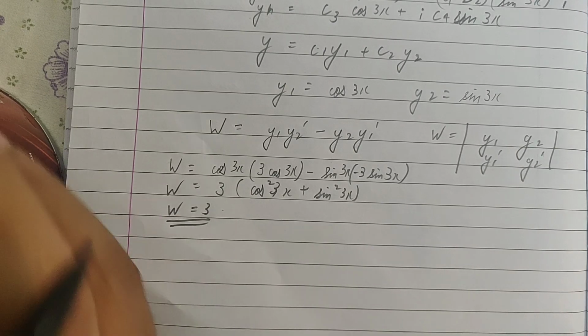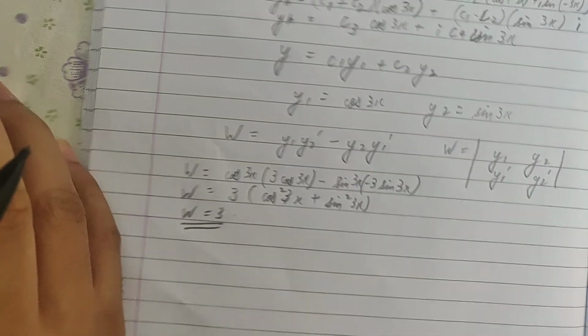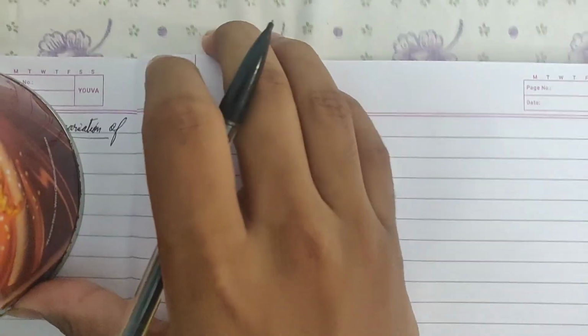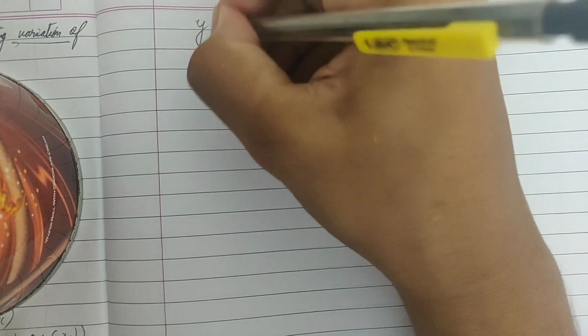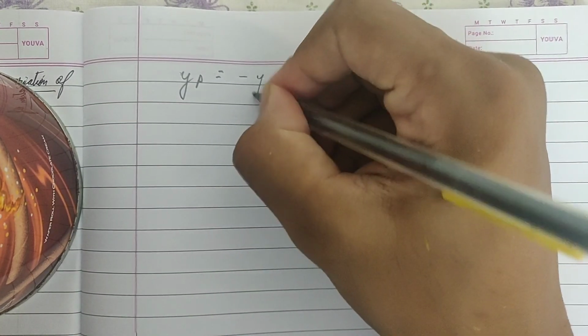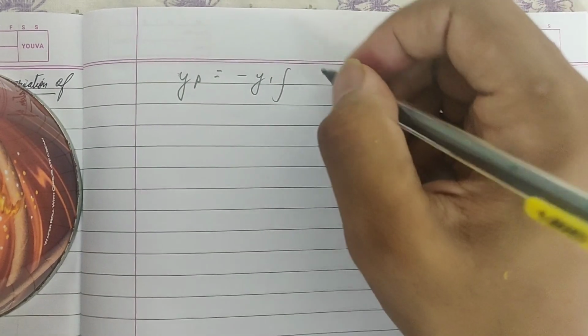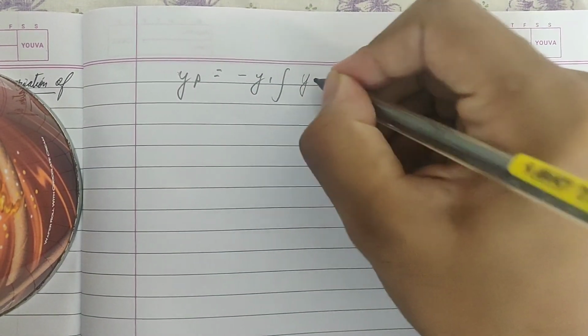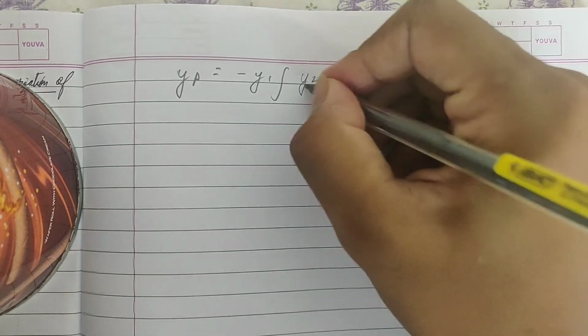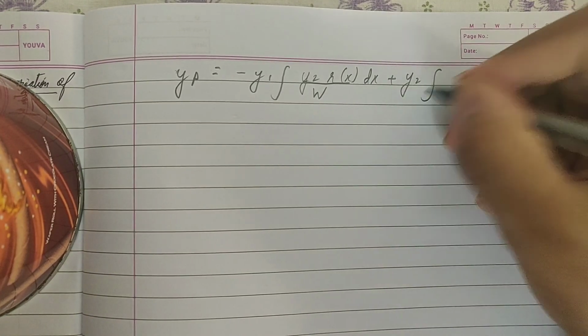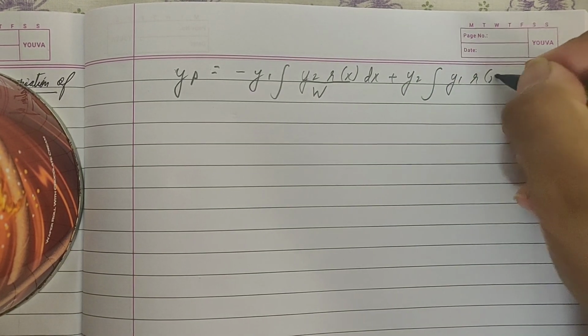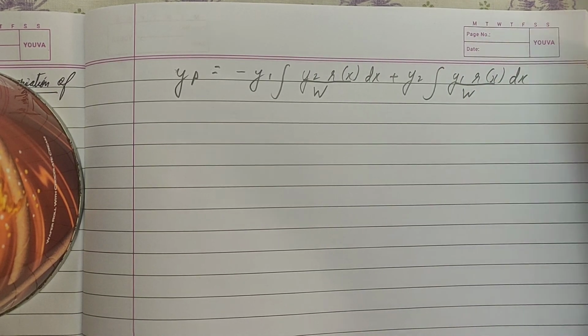Now, why were we exactly finding out the Wronskian? Well, to answer that, in the method of variation of parameters, we have been given a formula to find out y particular, which is given as minus y1 into the integral of y2 into r of x upon the Wronskian dx plus y2 into the integral of y1 into r of x upon the Wronskian dx.